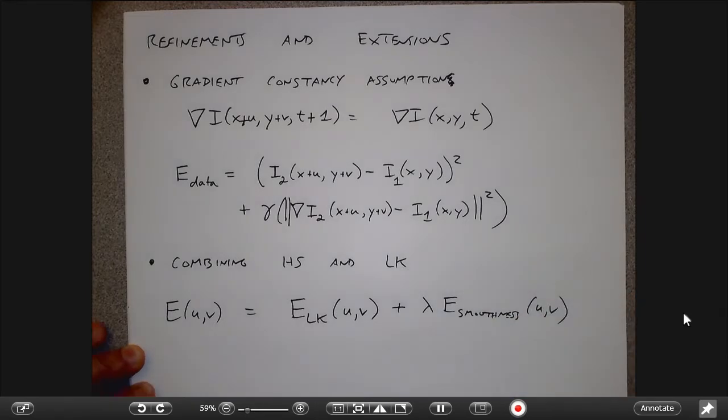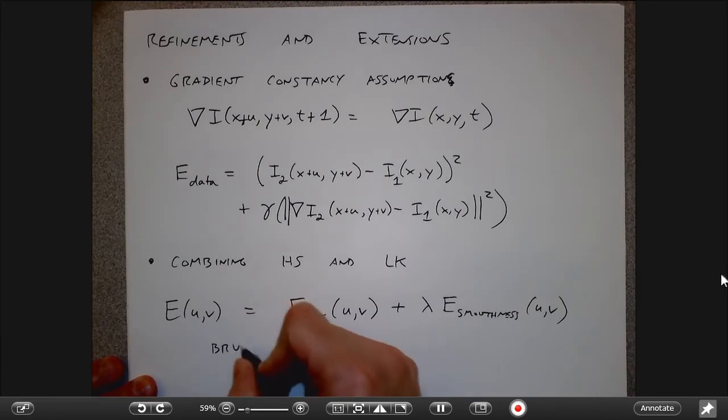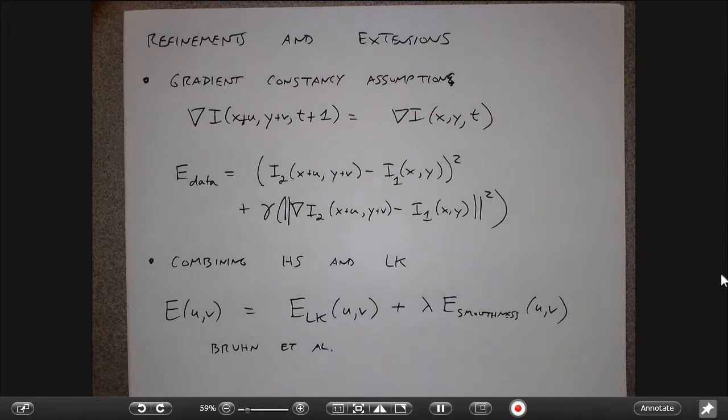And so it's like saying I take the best part of each of the two algorithms, right? Because Horn-Schunck is good for enforcing general smoothness, and Lucas-Kanade is good for using local spatial information, right? And so this was the seed of an algorithm by Bruhn et al. that turned out to perform really well.